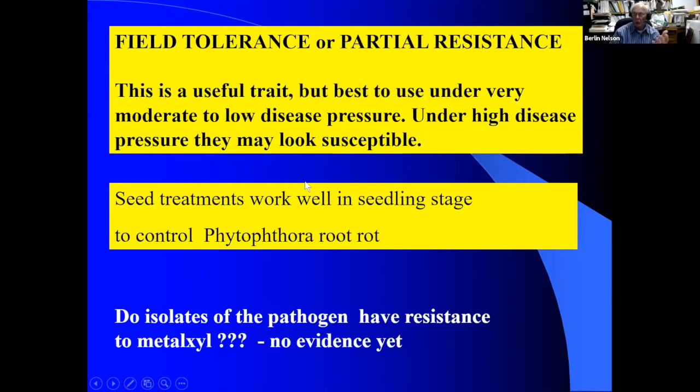Maybe a cultivar that has a high level of partial resistance, and it generally works pretty good under moderate to low disease pressure, not high disease pressure in general, okay? And I might add that as far as we know out here, we have not seen any high level of resistance to metalaxyl, but it hasn't been looked at for some time.